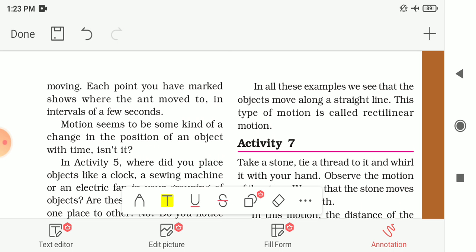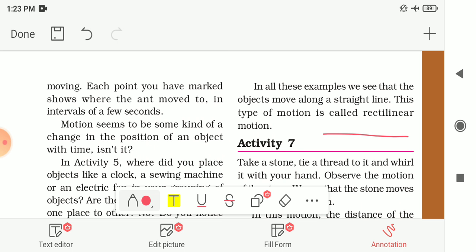So these are some examples in which we see that the objects move along a straight line. This kind of motion is known as rectilinear motion, in which the objects move along a straight line. So this is the first type of motion, that is rectilinear motion.